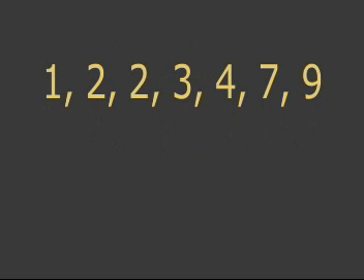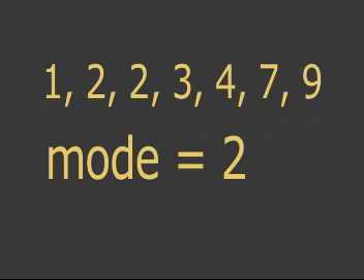The mode is the most frequent number in a data set. Now that we understand mean, median, and mode, we are ready to learn about quartiles, deciles, and percentiles for grouped data.